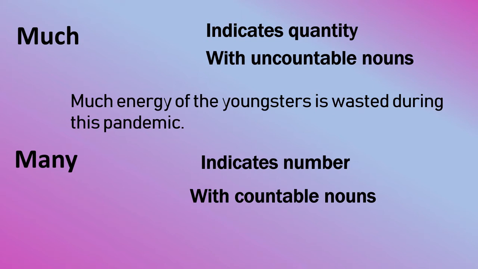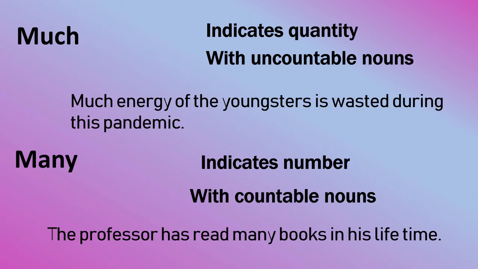Many indicates number and is used with countable nouns. For example, the professor has read many books in his lifetime. The professor has good knowledge because he has read many books in his lifetime.